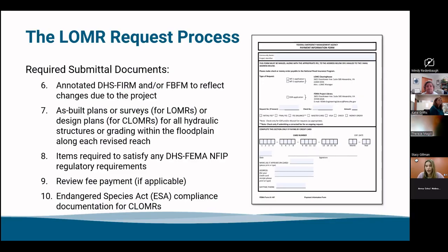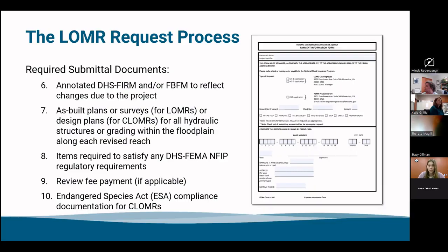Any other items required to satisfy the FEMA NFIP regulatory requirements, any review fees, and then Endangered Species Act compliance has to be shown, that the project is in compliance with that.